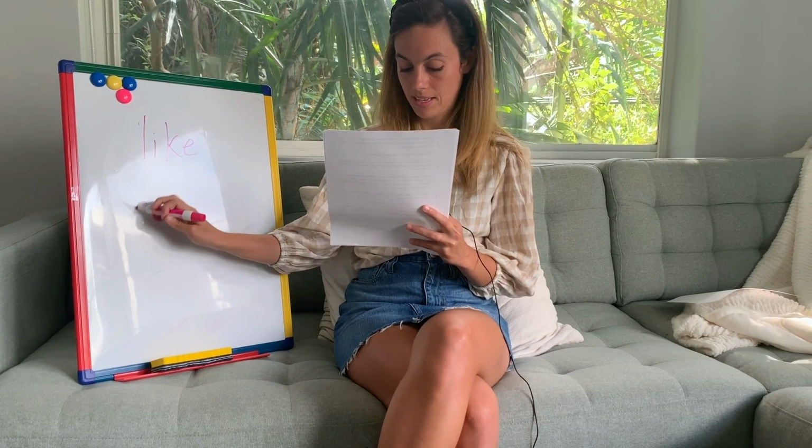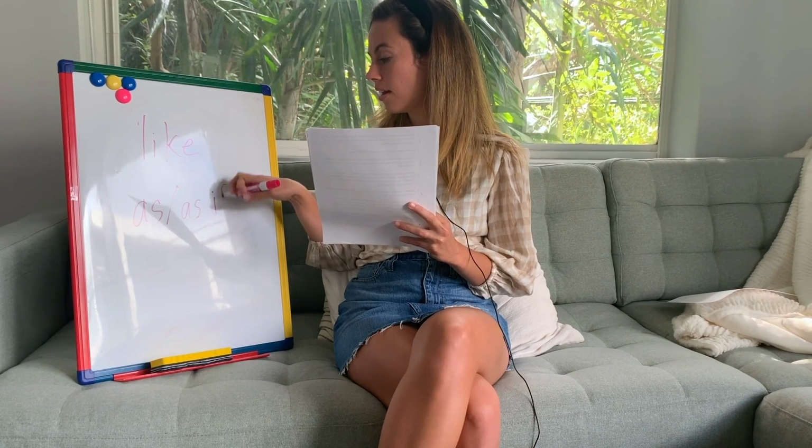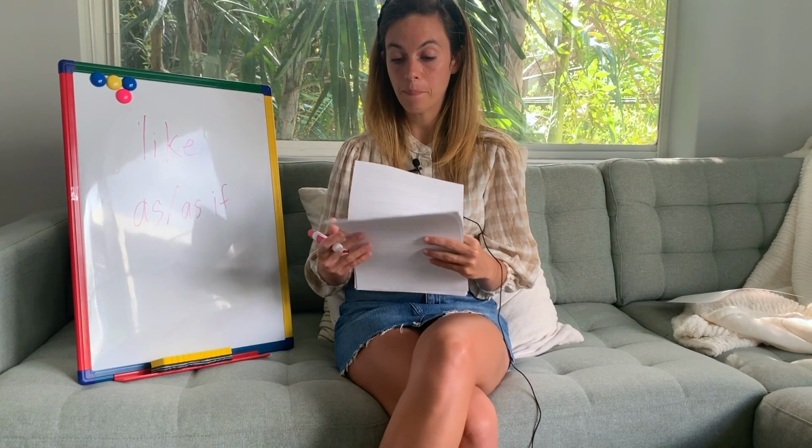Like and as or as if now. So in informal contexts such as talking, it's perfectly fine to use like in place of as or as if, because that's how some people might speak, but you never want to use like in place of as or as if in writing.